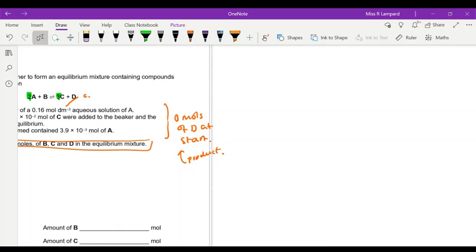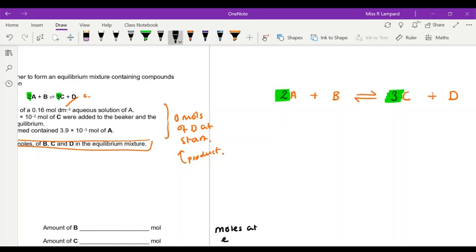So here I've got 2A plus B, reversible reaction to form 3C plus D, and again highlighting my balancing numbers. Now we are asked to work out the number of moles at equilibrium, and we are given moles at the start.